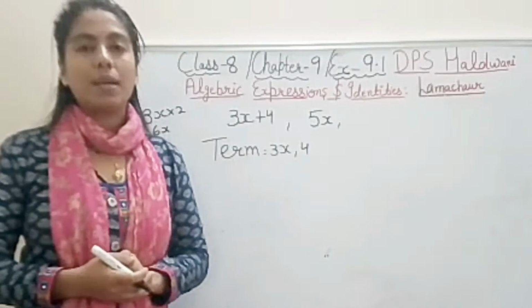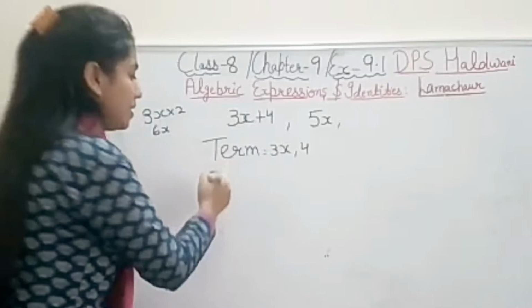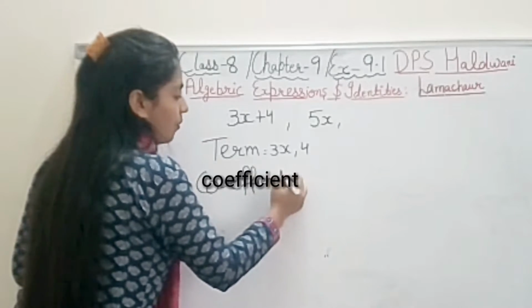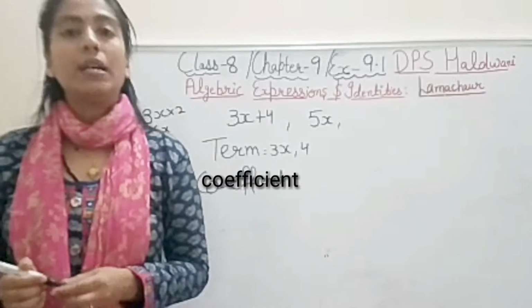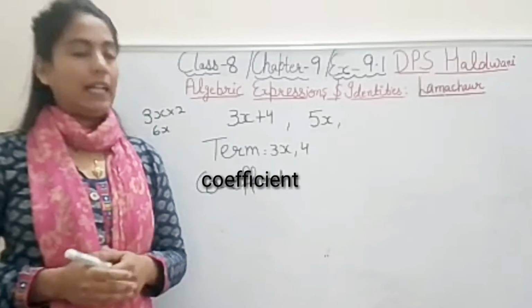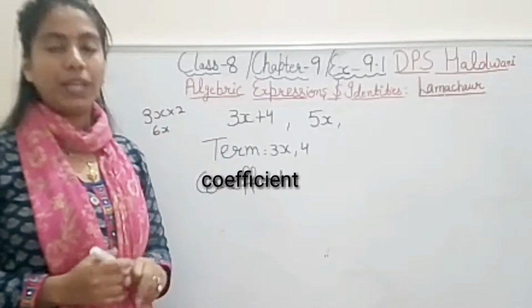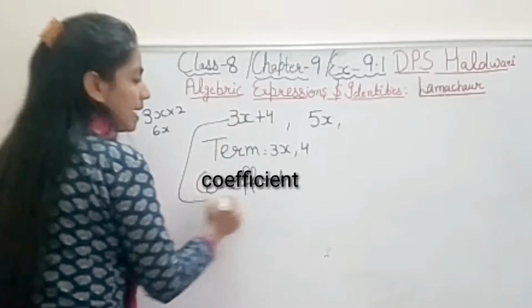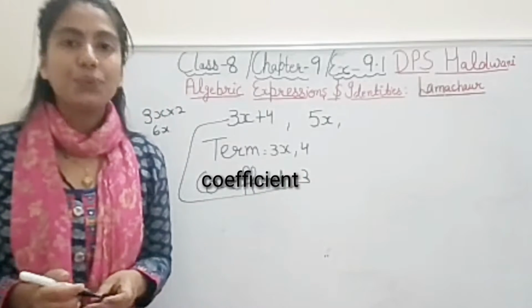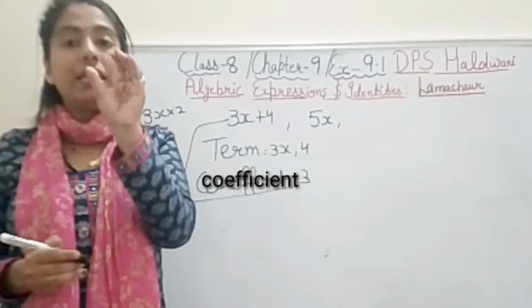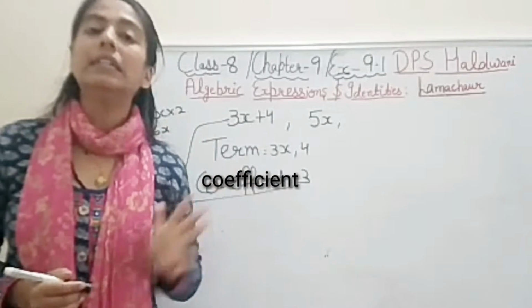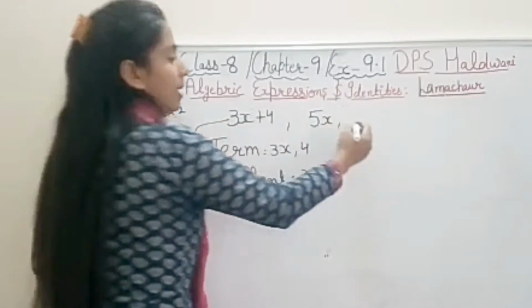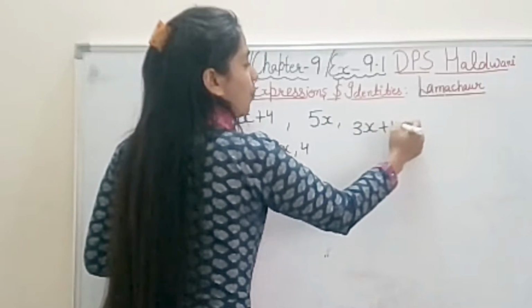Now the second concept is the coefficient. What is a coefficient, students? A coefficient is the constant factor with the variable, like 3x. The coefficient here is 3. Whenever a constant is attached to any variable, that is called the coefficient. Take 3x plus 4y.